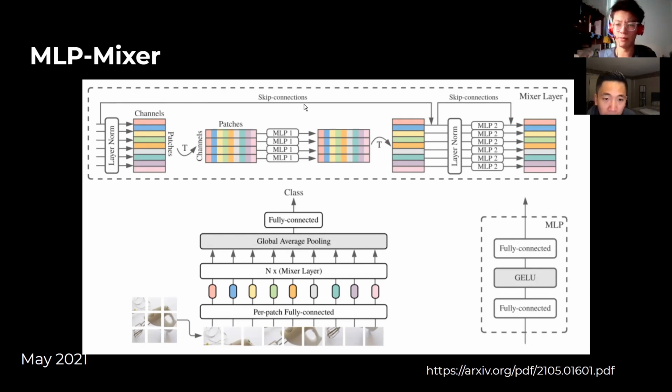And between these transposes, we throw in some multi-layer perceptrons, so it's basically just some dense layers, linear layers, between them. You don't even need to use CNN for this. This is just pure dense layers plus patches, and it actually performed pretty well.